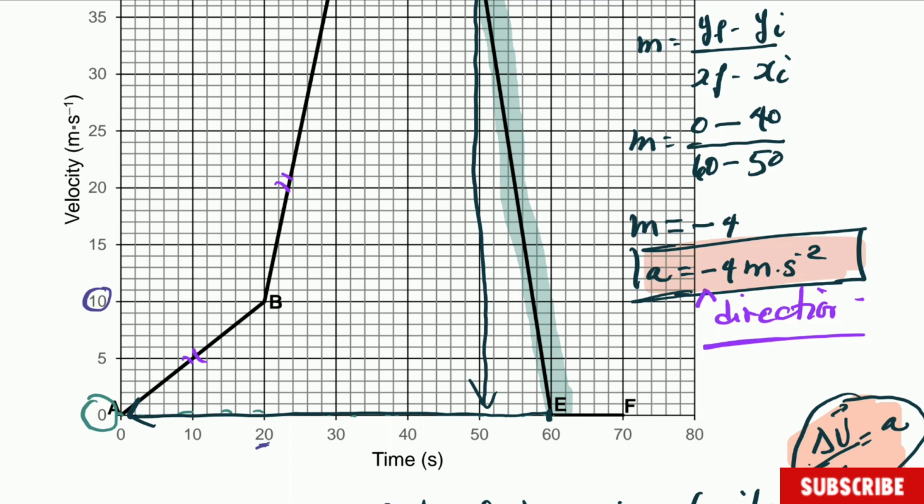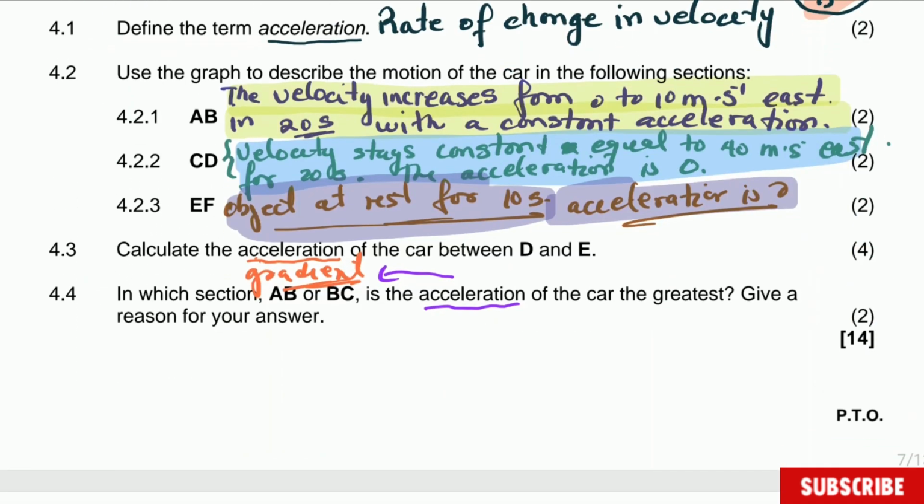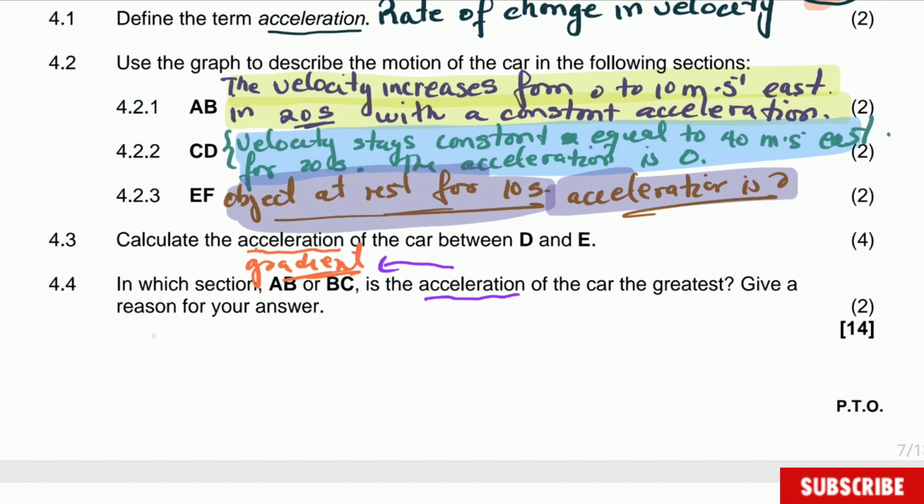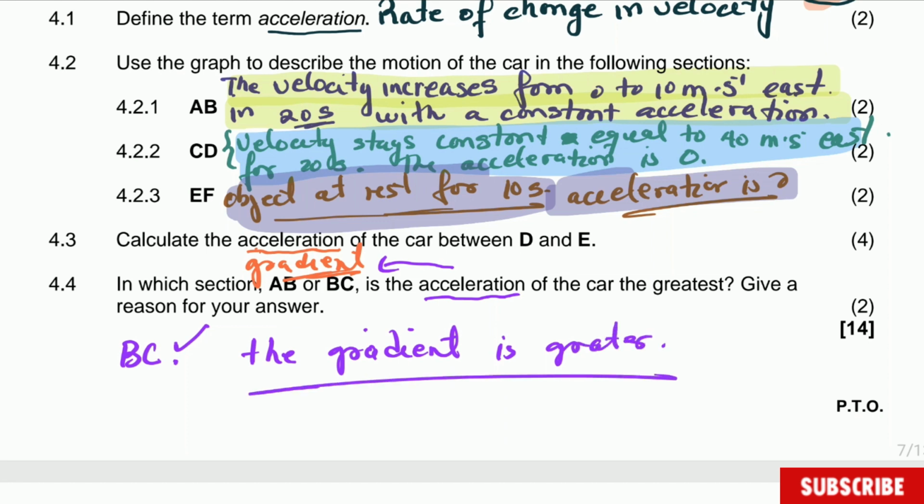It is closer to the y-axis. So we are going to say, in this case BC, because it has a steeper slope or greater gradient. We're going to write: the gradient is greater. That is the answer for this question.